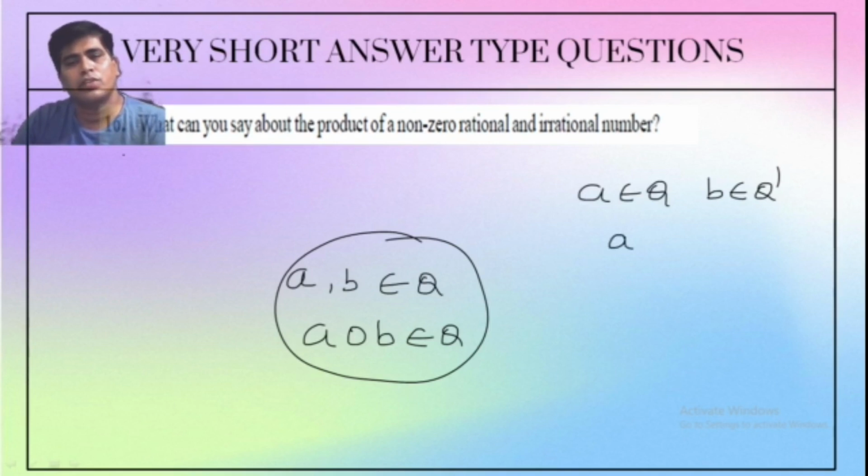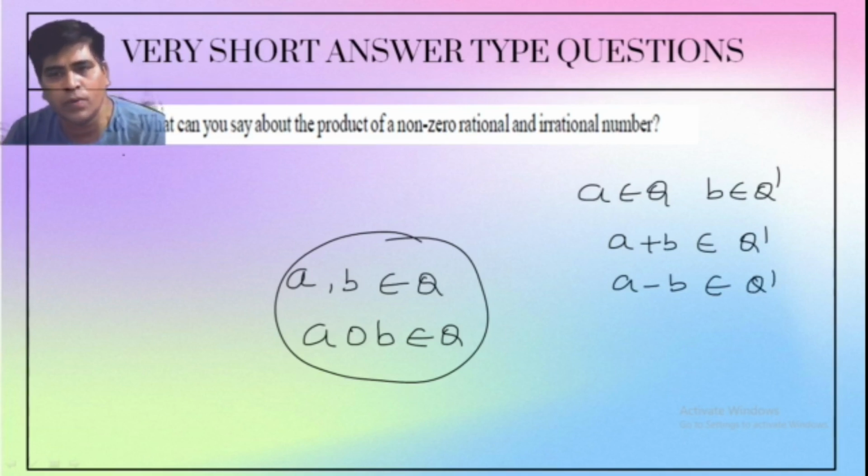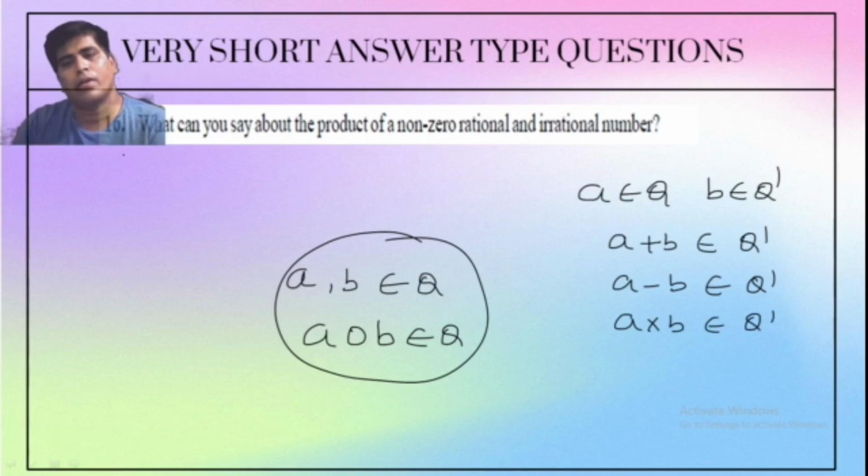The addition of these two, A plus B, is an irrational number. A minus B is also an irrational number. And A into B is also an irrational number. A divided by B is also an irrational number.